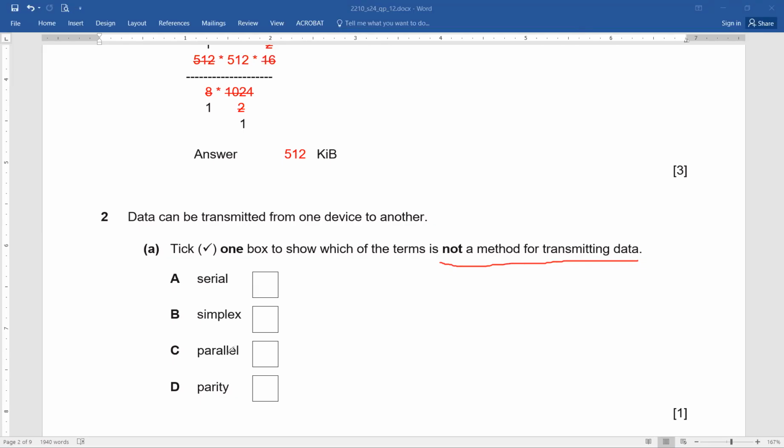Is parallel a method of transmitting data? Is parity a method of transmitting data? No, exactly. So that is what you will do. You will simply tick this one because it says not a method for transmitting data. So I hope that we remember serial, simplex, and parallel, they all are means of transmitting your data, isn't it? Okay, that's wonderful. I hope that you remember it. Let's move ahead.